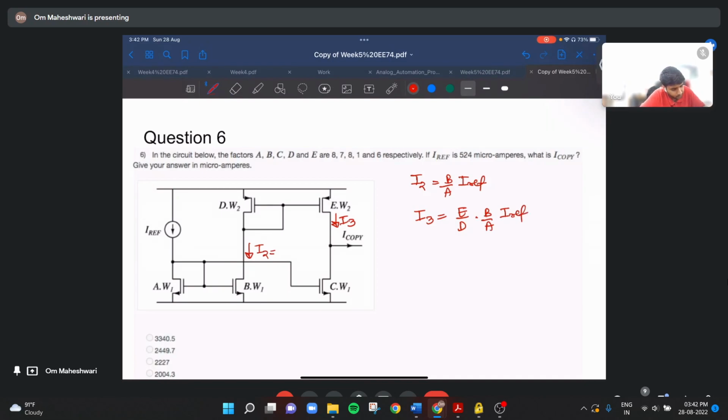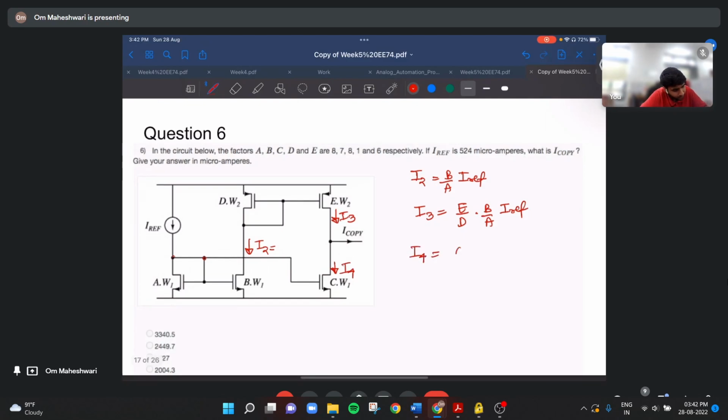And this current, if you see now, this is a current mirror, this and this. So this current, let me call it I4. I4 equals C by A times IRef. So I copy is what?